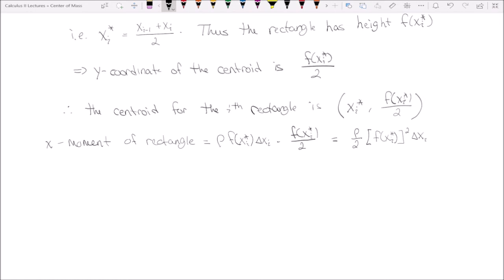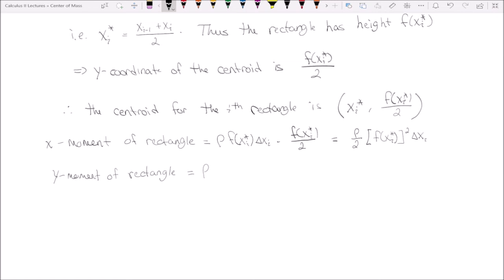The y moment is similar. And it is again the mass times the distance the centroid is from the y-axis.